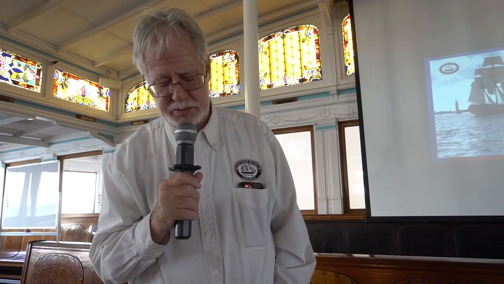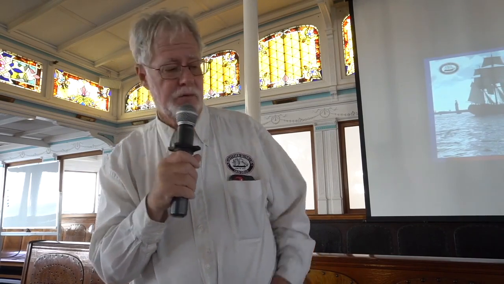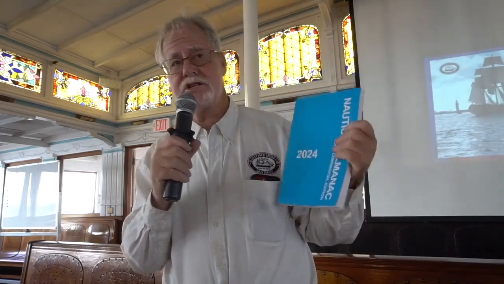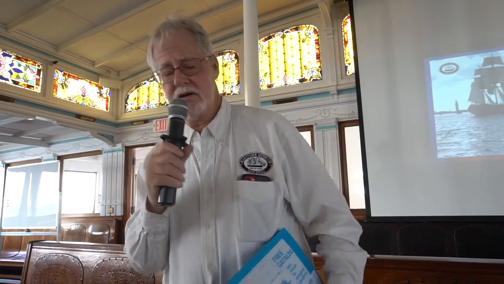I'm going to talk a little bit also about time. Most of us are regulating our lives by the local time, which is currently daylight savings time. But for doing all of the figuring out for celestial navigation, it's universal time or Greenwich Mean Time, GMT. So how do you go from one to the other?